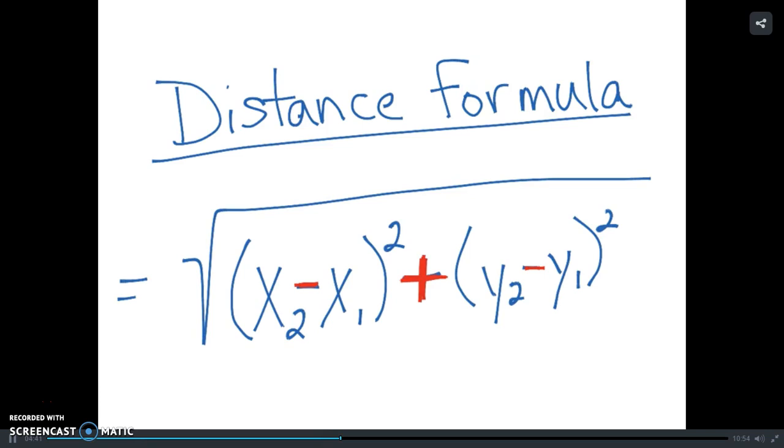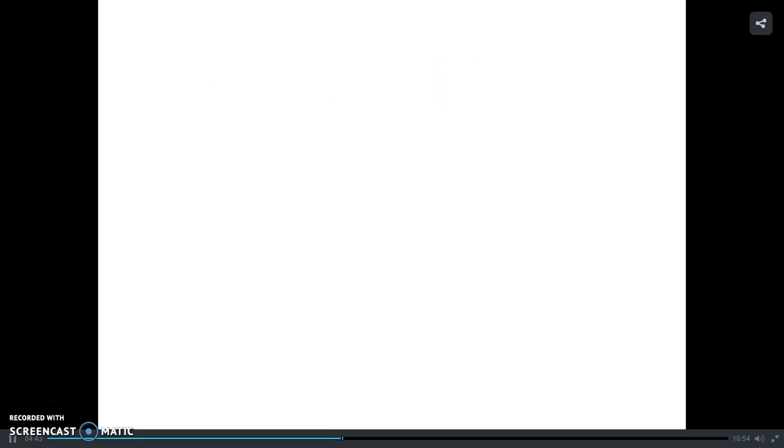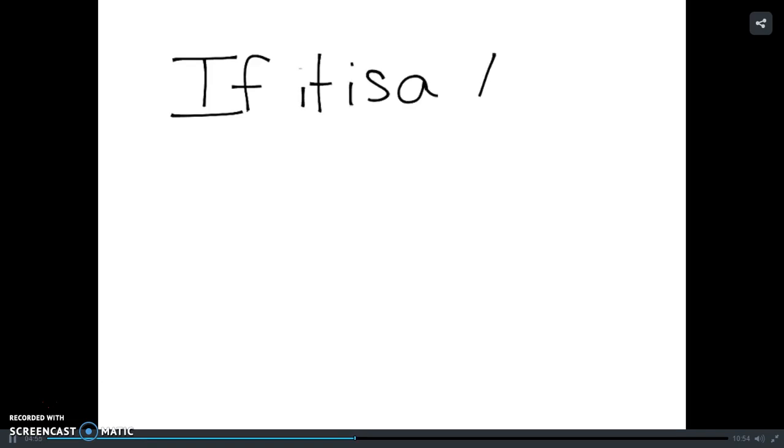Okay, what else are we going to need to know for this section? Well, we're also going to need to know that we're going to have a couple of ifs here. So if it is a parallelogram, remember a parallelogram is a slanted rectangle shape, and the diagonals are congruent.